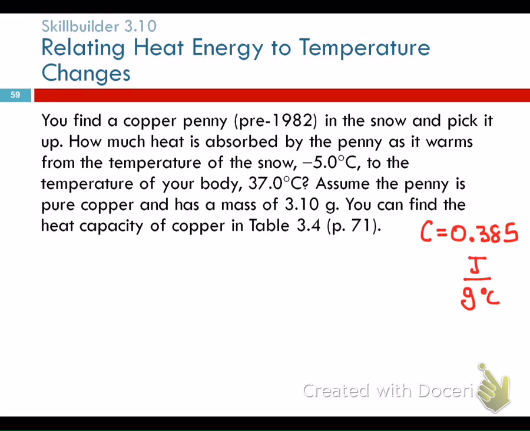So we just want to know how much heat is absorbed by the penny, right? So I'm going to write this equation, Q for the penny is equal to the mass of the penny times C for copper. So I'm going to say Cu because Cu is a symbol that we use for copper, times the change in temperature of the penny.